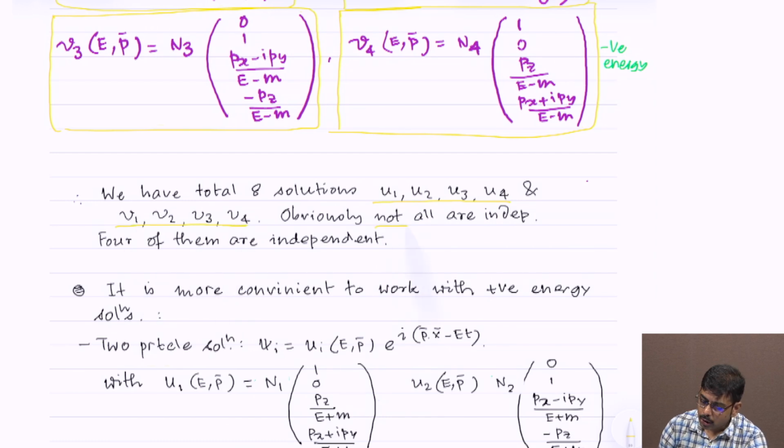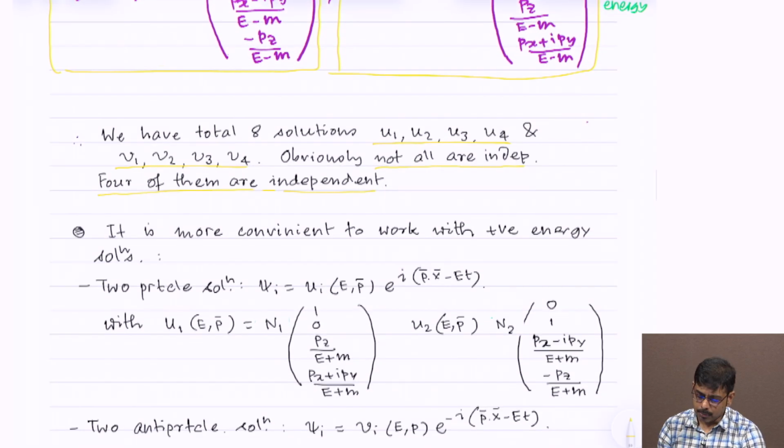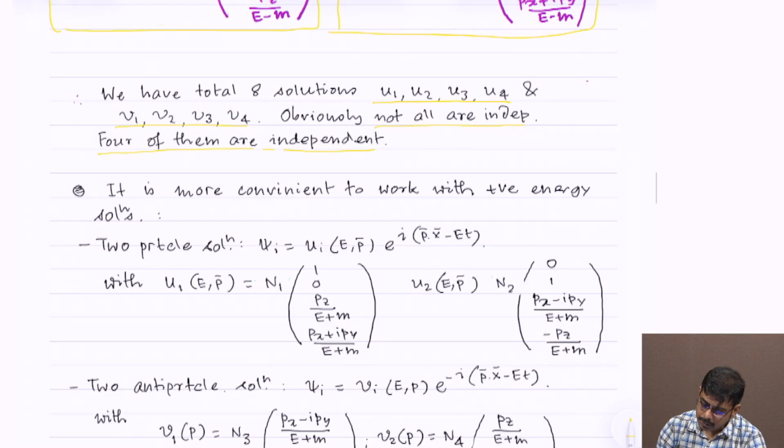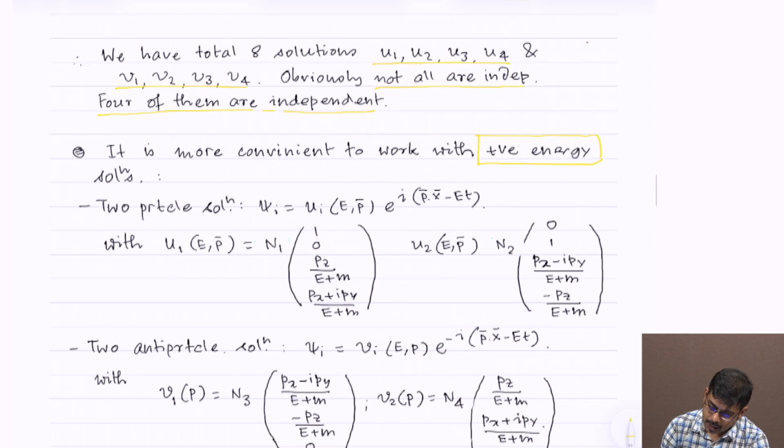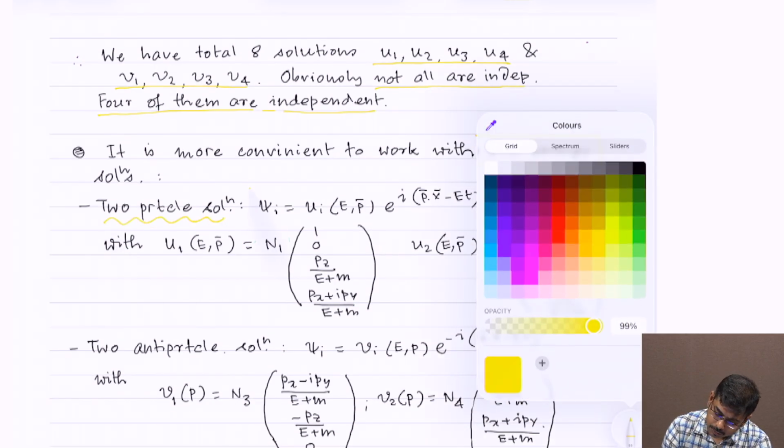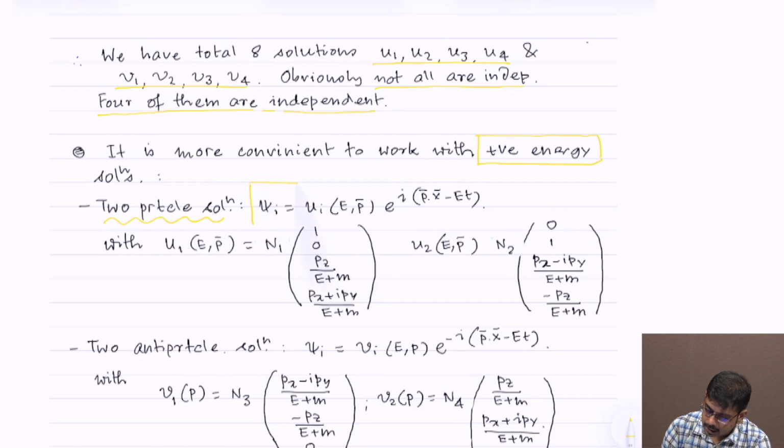Obviously, not all of these are independent, actually 4 of them are independent. So, it is usually more convenient to work with the positive energy solutions only. So, we say that we choose 2 particle like solutions, the ones which give me positive energy particle like solutions.